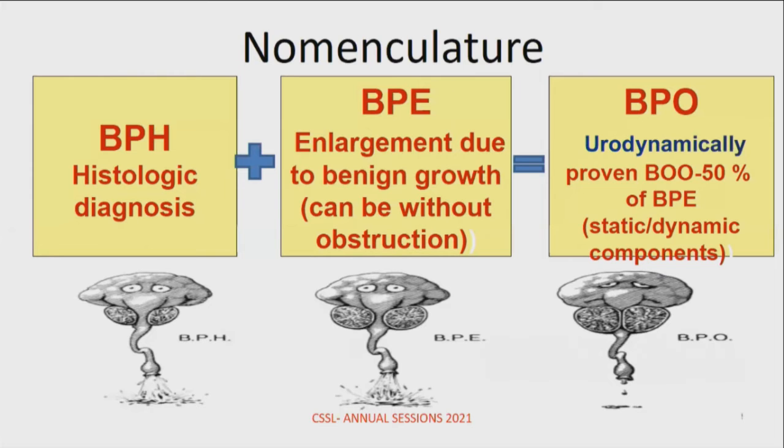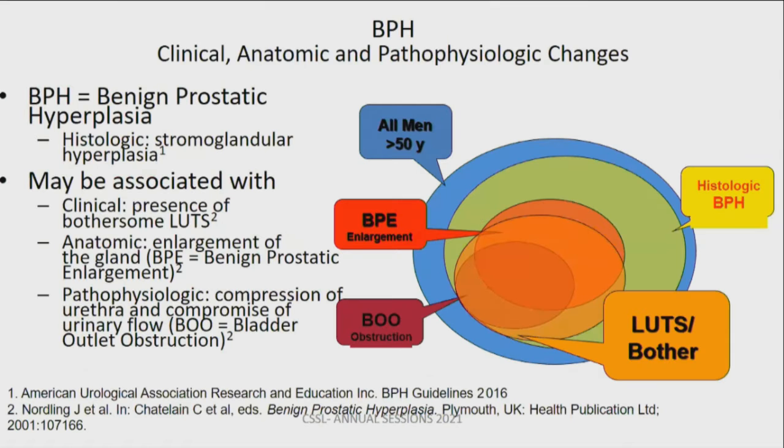A bit of nomenclature: prostatism is obsolete. Histological diagnosis of BPH together with clinical diagnosis of BPE can cause benign prostate obstruction, but that is a urodynamically confirmed diagnosis. In other words, a patient with BPH might not have clinical BPE, symptoms of prostate obstruction, or even urodynamically proven bladder outflow obstruction.